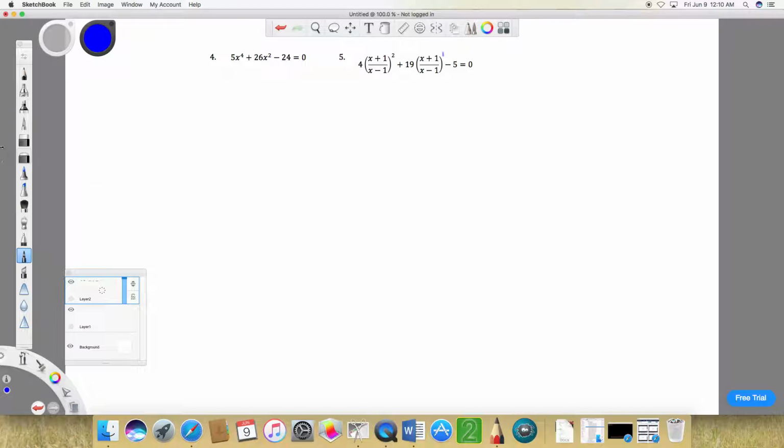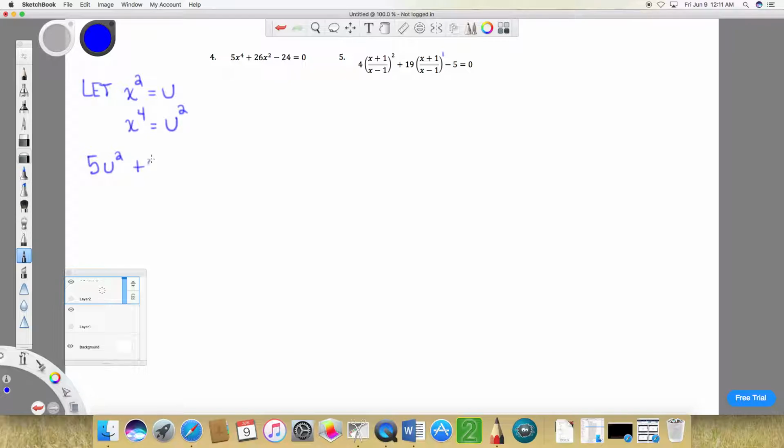So I'm going to look at this middle term, x squared, and I'm going to let x squared equal u. That means that if I square each side, then x to the fourth is u squared. So I'm going to rewrite this equation as 5, and instead of writing x to the fourth, I'm replacing x to the fourth with u squared.